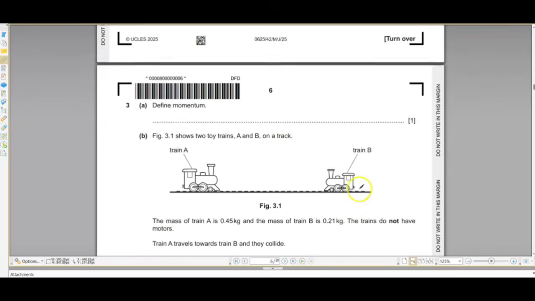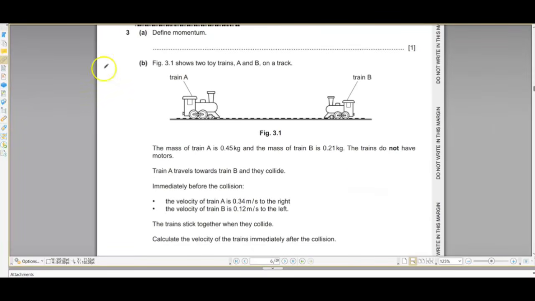Moving forward. Define momentum. Momentum is the product of mass and velocity. You are going to write this and you are going to get full 1 mark for it.